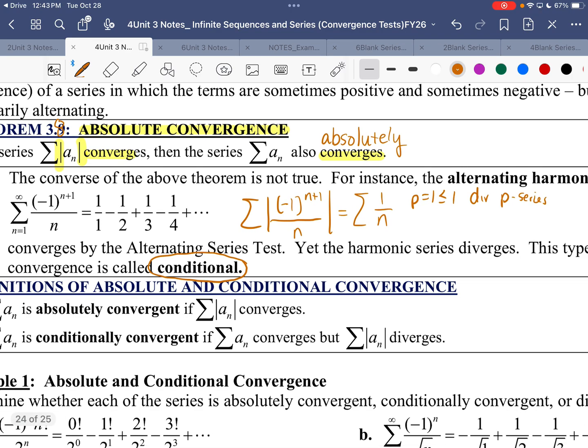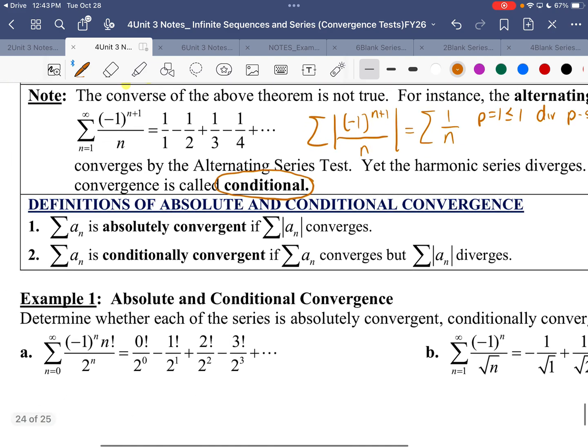You're not always convergent. Absolute convergence is like you are always converging, even if we didn't have the alternating part in there. Conditional convergence is like, do you even go here? You diverge if -1 was not involved in there.